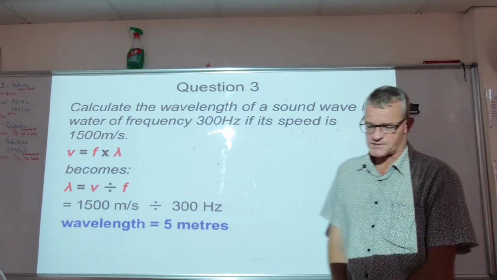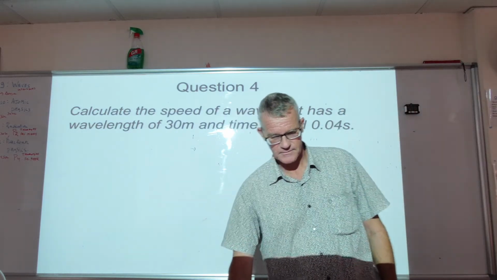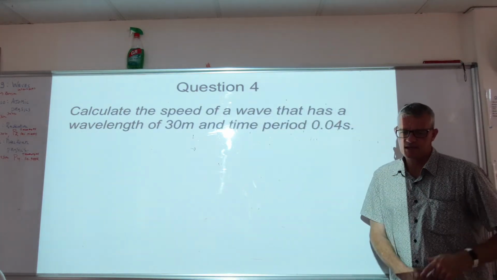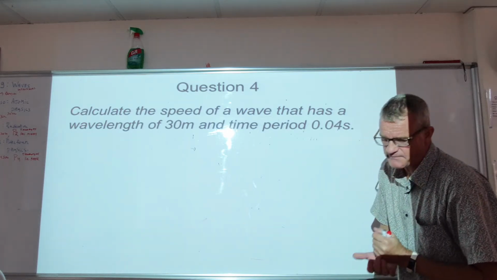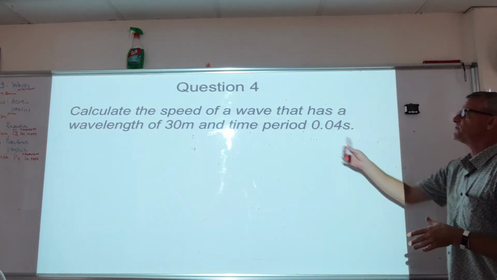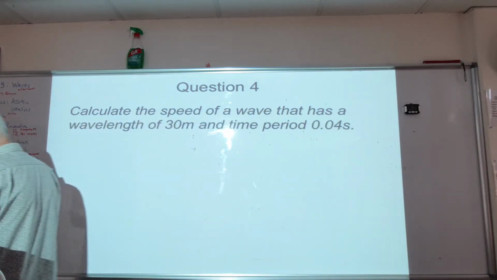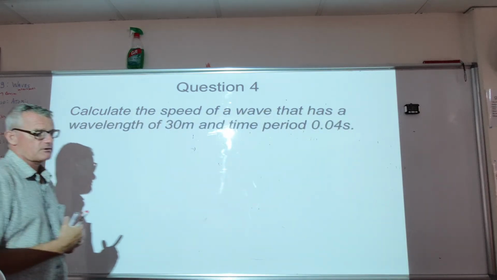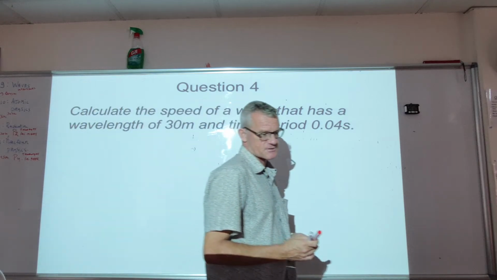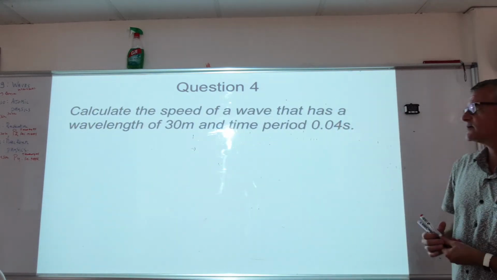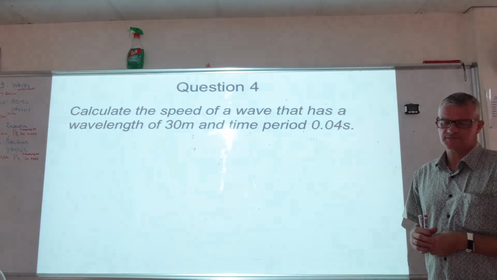Alright, our next question. The time period. Calculate the speed of a wave that has a wavelength of 30 meters and a time period of 0.04 seconds. So, in this question, you have to find the frequency first, and then you can calculate the speed.